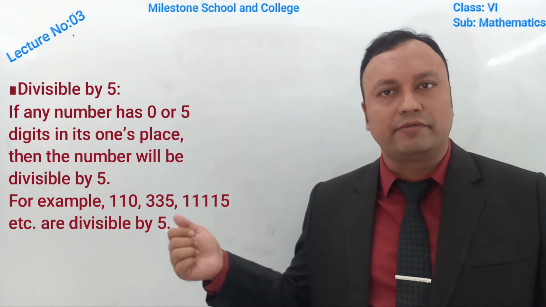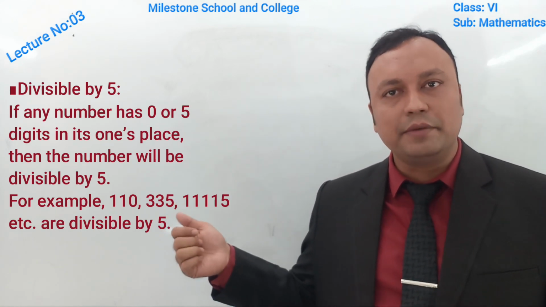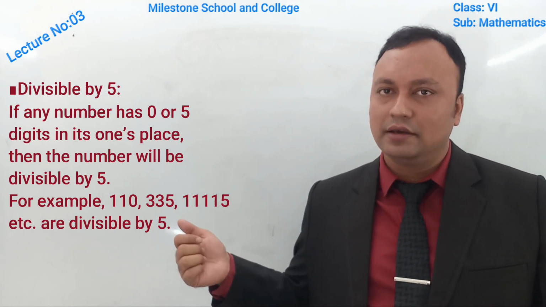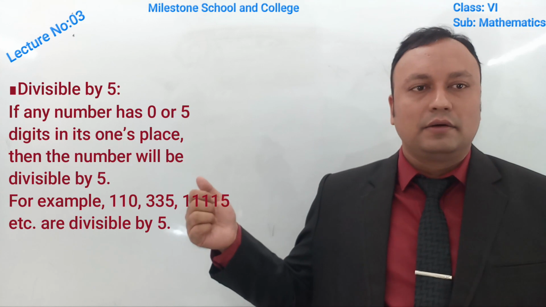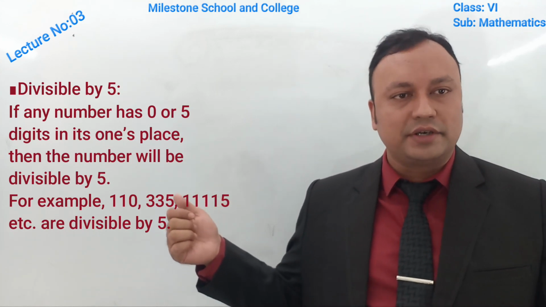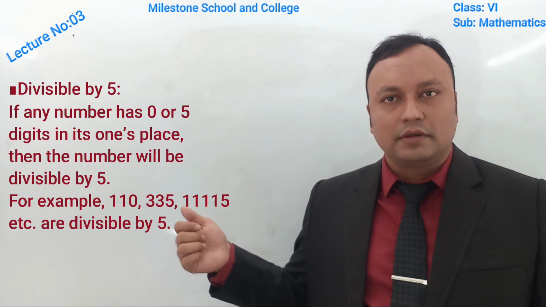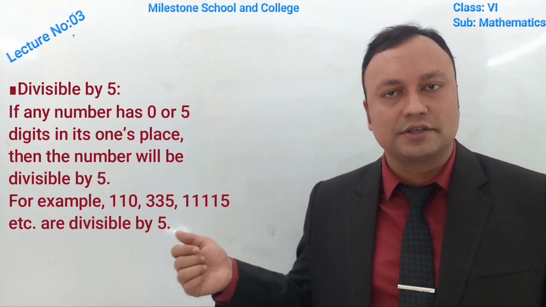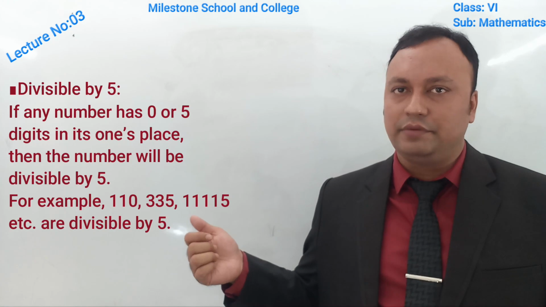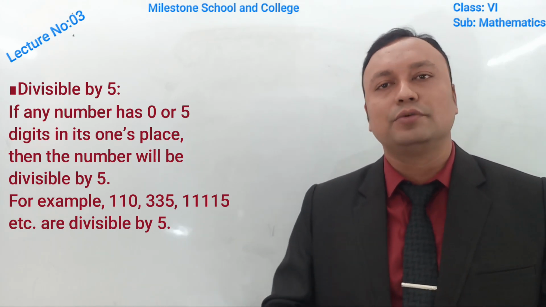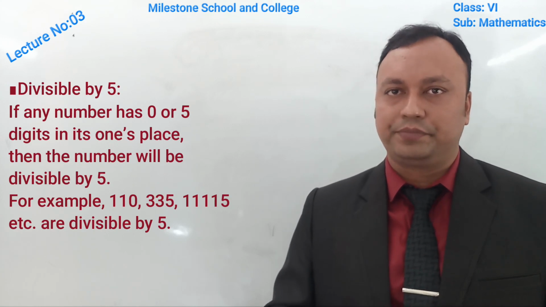Again, 335. 5 is in the ones place, so this number will be divisible by 5. 1000, as you can see, 11115. 5 is in the ones place, so this number will be divisible by 5. So this is the divisibility rule of 5.